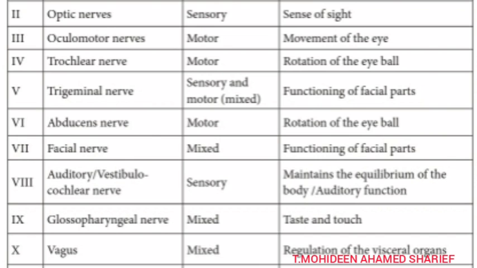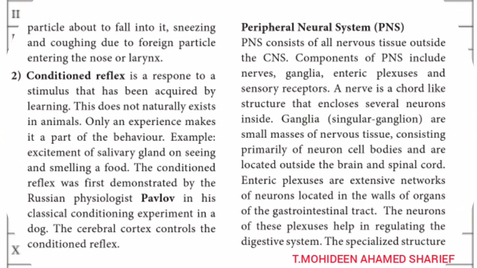Example: excitement of the salivary gland on seeing and smelling food. The conditioned reflex was first demonstrated by the Russian physiologist Pavlov in his classical conditioning experiment in a dog. The cerebral cortex controls the conditioned reflex.